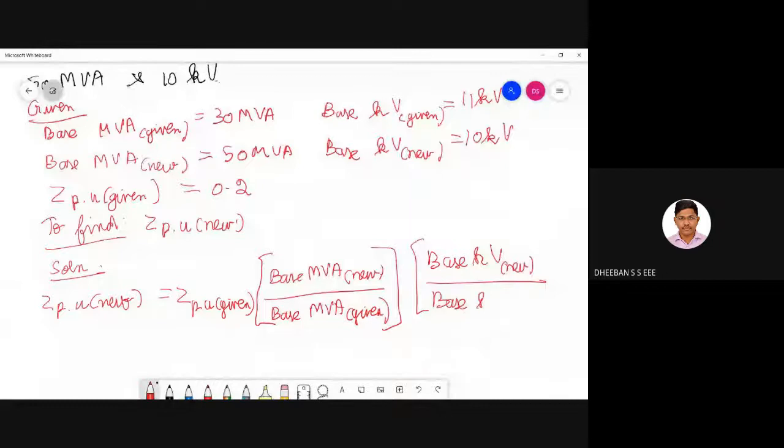So you just substitute in the formula and give me the answer. Base MVA new is there, base MVA given is there, base kV new is there, base kV given is there. You just directly substitute it.